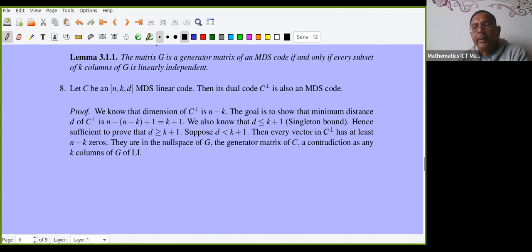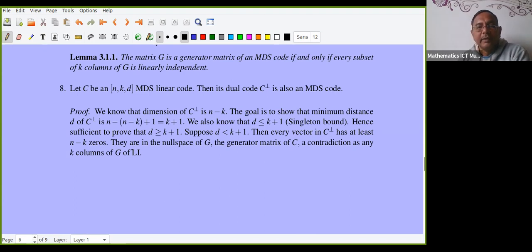That means every vector in C perp has at least n minus k zeros. Please try to understand that this d is related to C perp, so there may be a little confusion. Every vector in C perp has at least n minus k zeros, but G is a generator matrix for C perp.